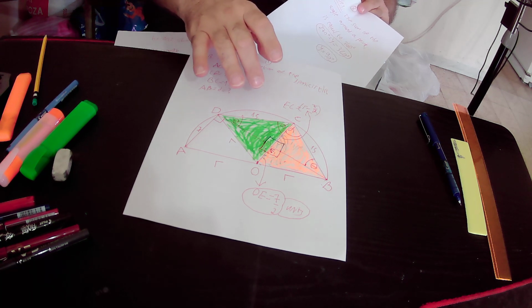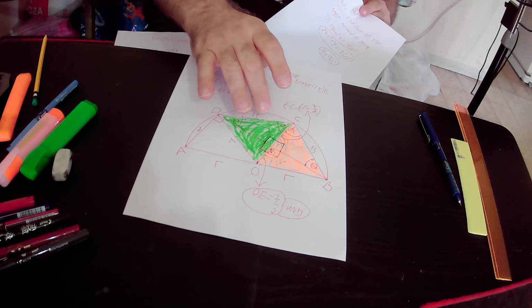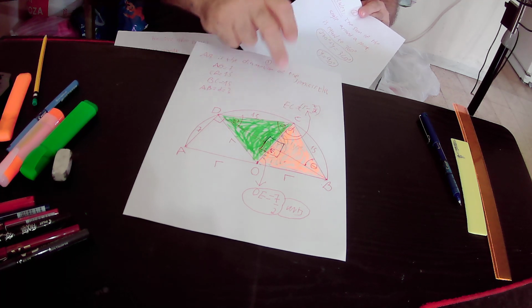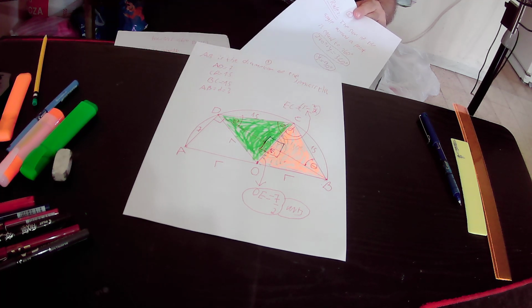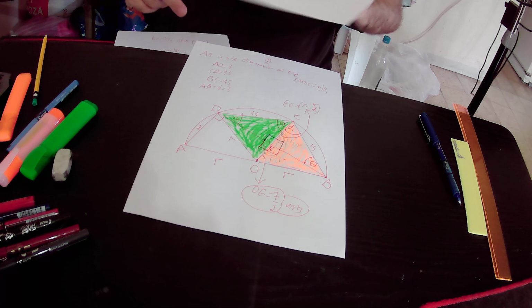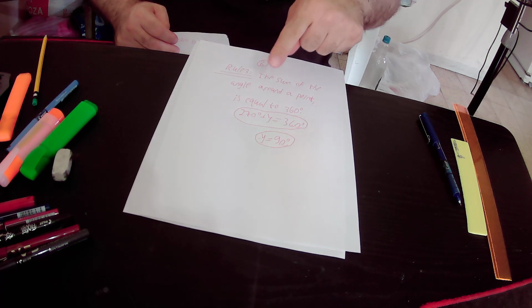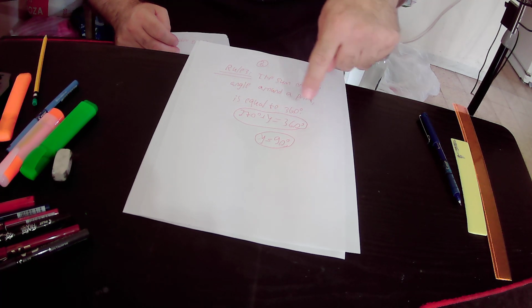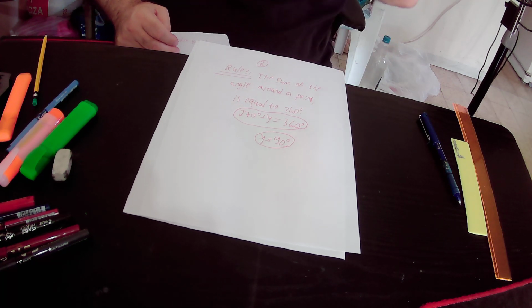And what do we have around point E? We have around point E 3 right angles, and the sum of them is 90 times 3, that is 270 degrees, and we also have angle y. So according to rule number 3, 270 degrees, that is the sum of the 3 angles, plus the size of the 4th angle must be equal to 360 degrees.